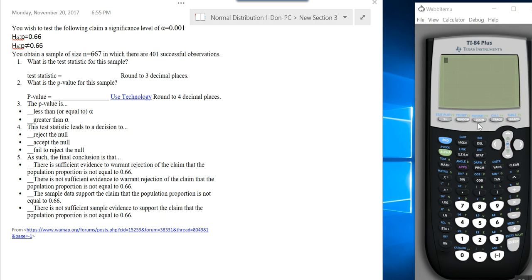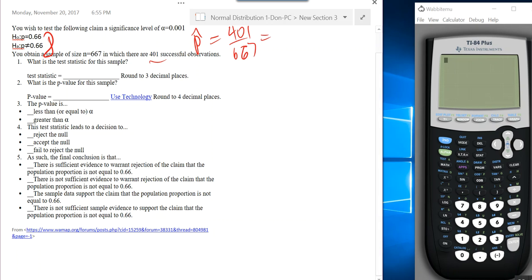Okay, I'm going to try to do this problem with the calculator that's there, as well as setting this up. We're looking at a two-sided proportion test, and there were 401 successes out of 667 samples.